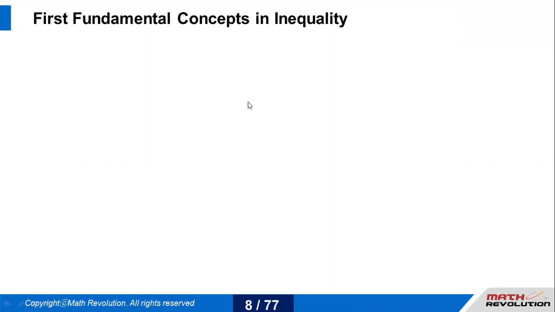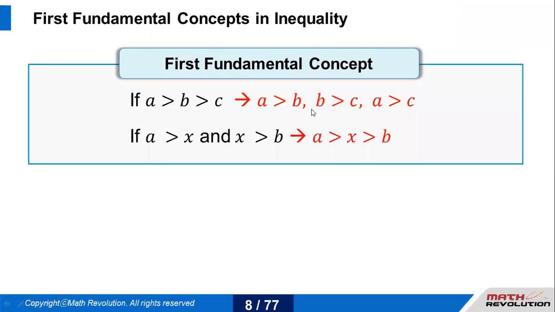Having said that, let's talk about the first fundamental concept in inequality, which is all about how you measure things. If it says A is greater than B and B is greater than C, we could also read it as A is greater than B, which is greater than C. So we can break it into A is greater than B, second, B is greater than C, and third, A is greater than C. If you are able to do this, I don't disagree that you know it, but how many of you actually break it when you see such an inequality in the question?